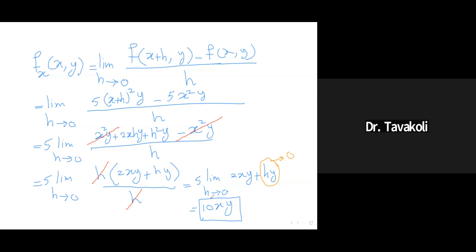In the next slide, I'm going to do the partial derivative with respect to y. I suggest that you pause the video and try to do this on your own using the definition. Try to find the partial derivative with respect to y.